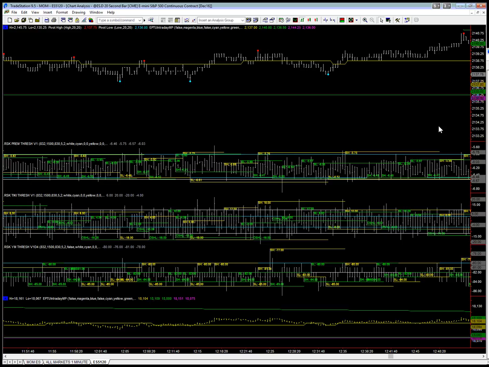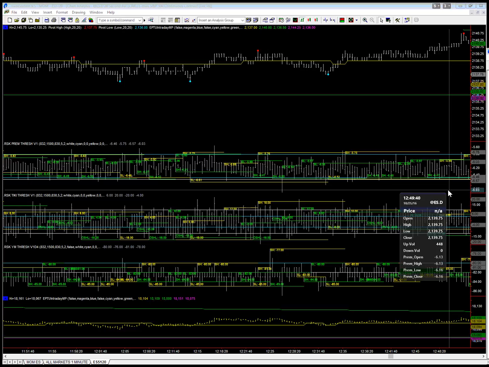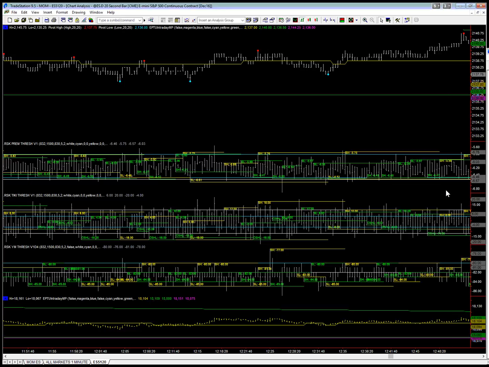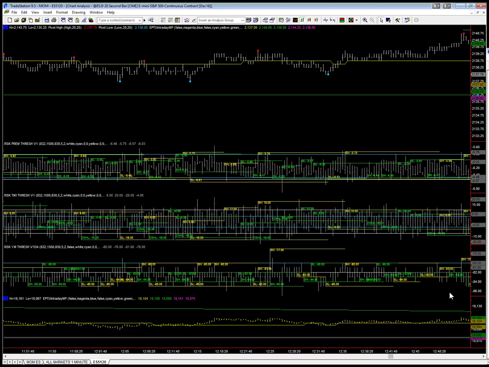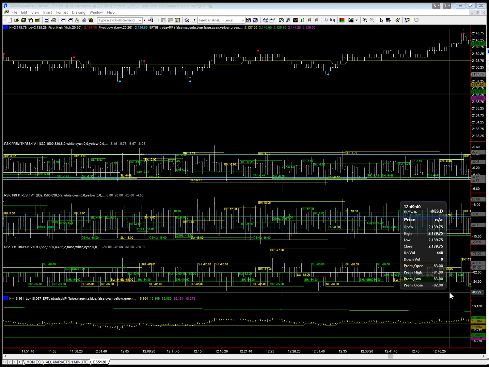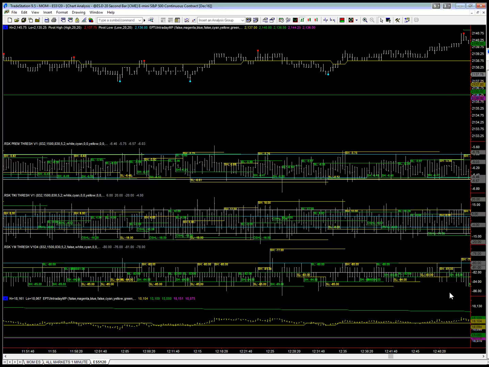Now, what would need to happen for this to continue to move down is we need to be getting new lows. And just as you're about to realize it, you see that we're getting higher lows and higher lows on all of the rest of the data feeds. This isn't over yet. And it's very clear, the premium is very, very clear about what it's telling you. This is moving higher. So you have to take appropriate action on a short trade there to make sure that you don't get yourself in a lot of trouble.